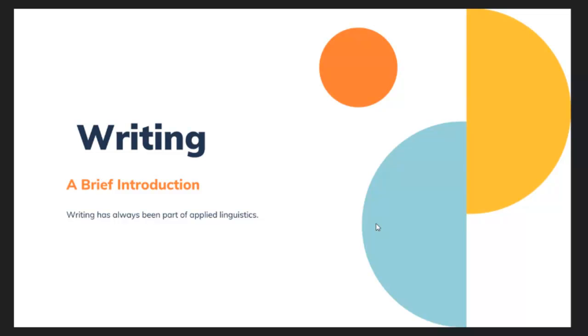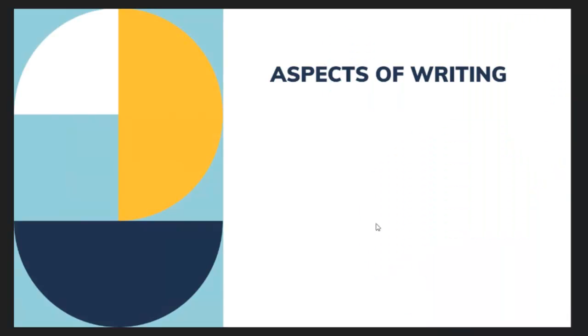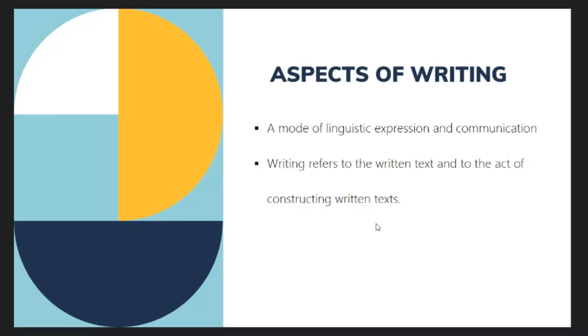Along with speaking and signing, writing is also a mode of linguistic expression and communication, which reflects the knowledge, the perspective, and the communicative competence of the language user. In this sense, writing refers to both a noun and a verb. It can be the written text and also the act of producing the written text.